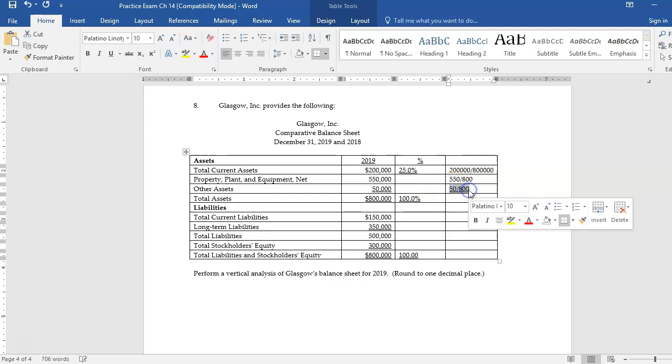And now I just took out the extra zeros. So I'm going to do 68. It wants us to round to one decimal point. So I'm going to do 68.8%. And 6.2%. And then if you were to add them down, they should add up to the 100%.